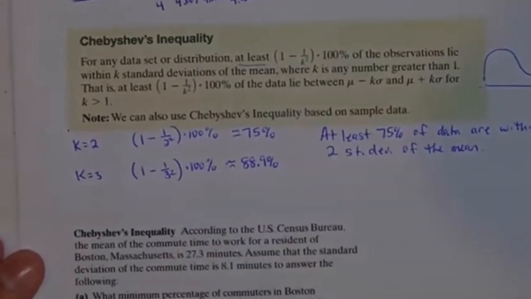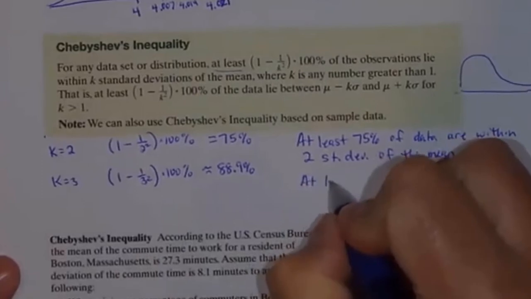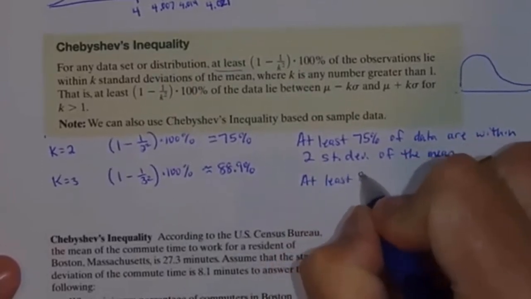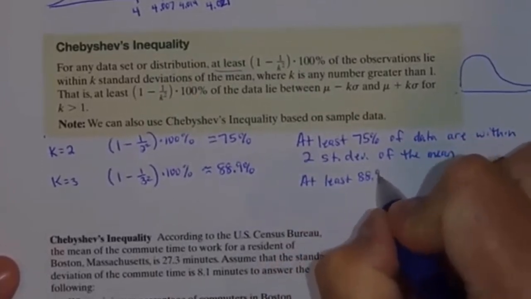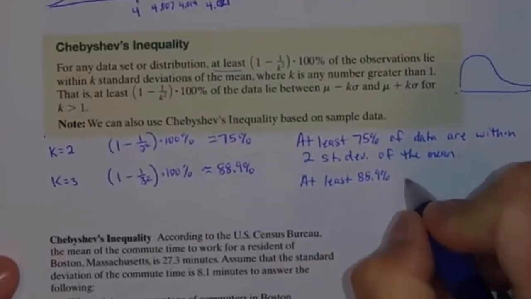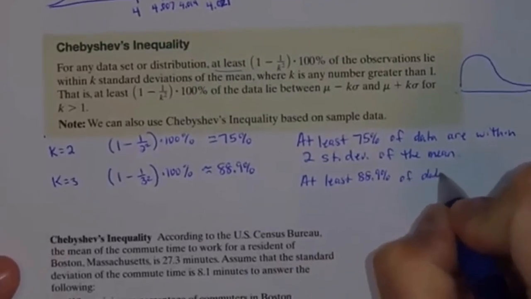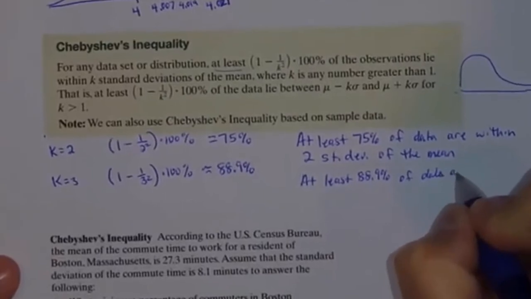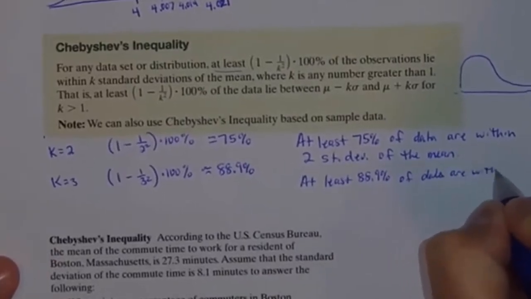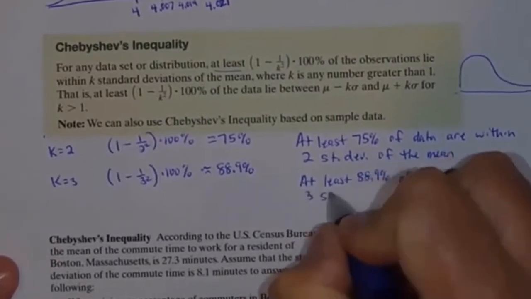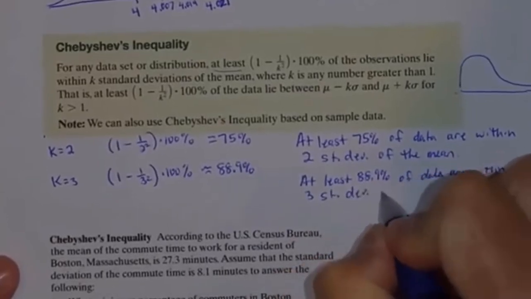So Chebyshev's inequality would say that at least 88.9% of data are within 3 standard deviations of the mean.